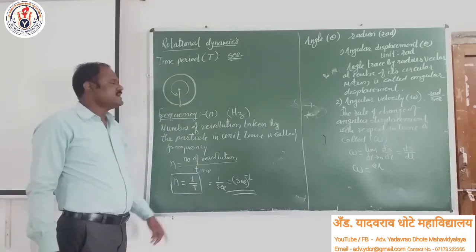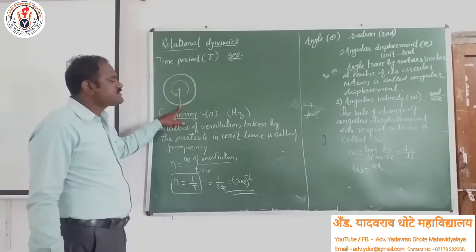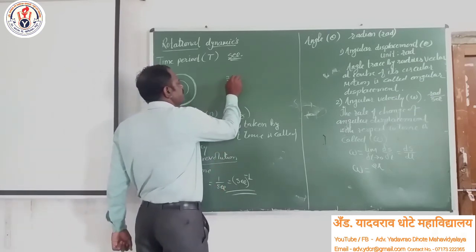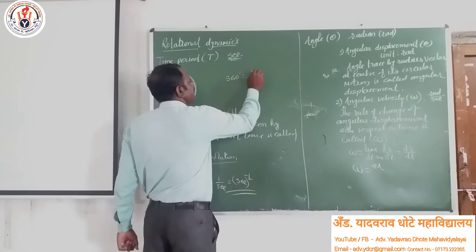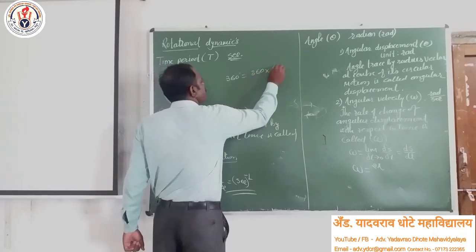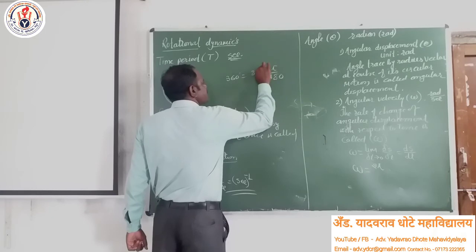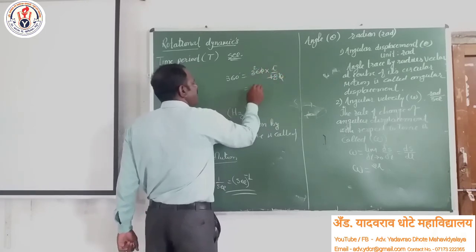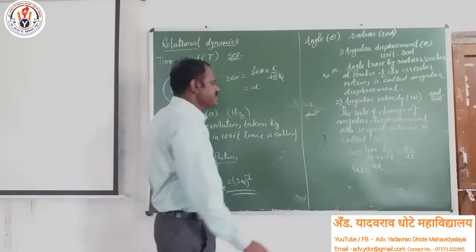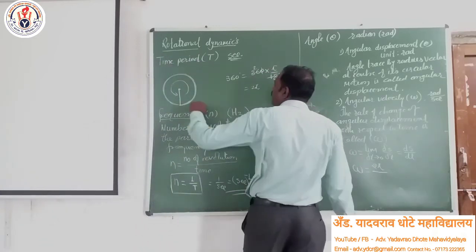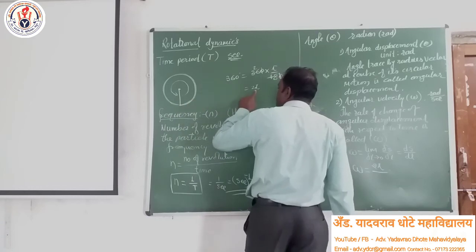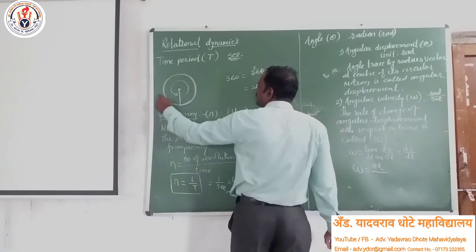So therefore their angular displacement is equal to 360 degrees. और 360 डिग्री को अगर हम कन्वर्ट करते हैं रेडियन में, तो पाई अपॉन 180, ये 0 gets cancelled, 18 to 2 pi. We got angular displacement of 2 pi. So it completes one revolution.